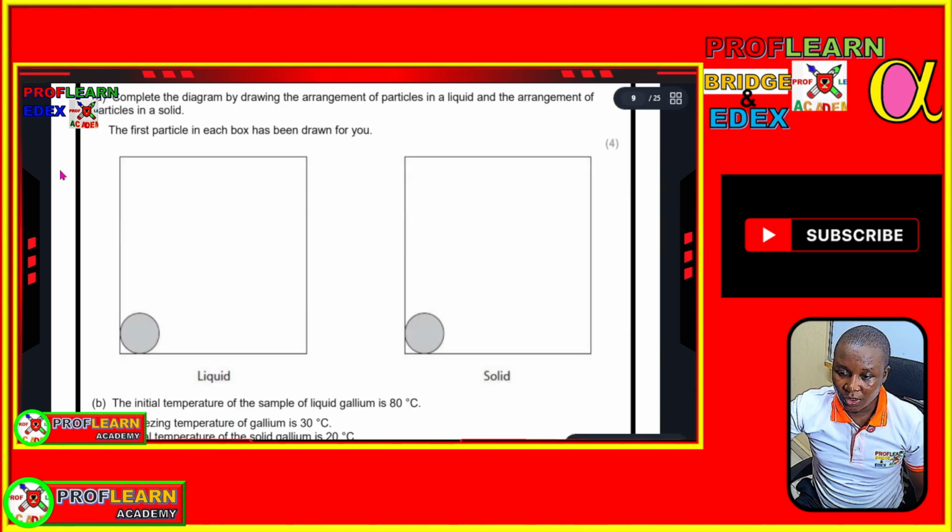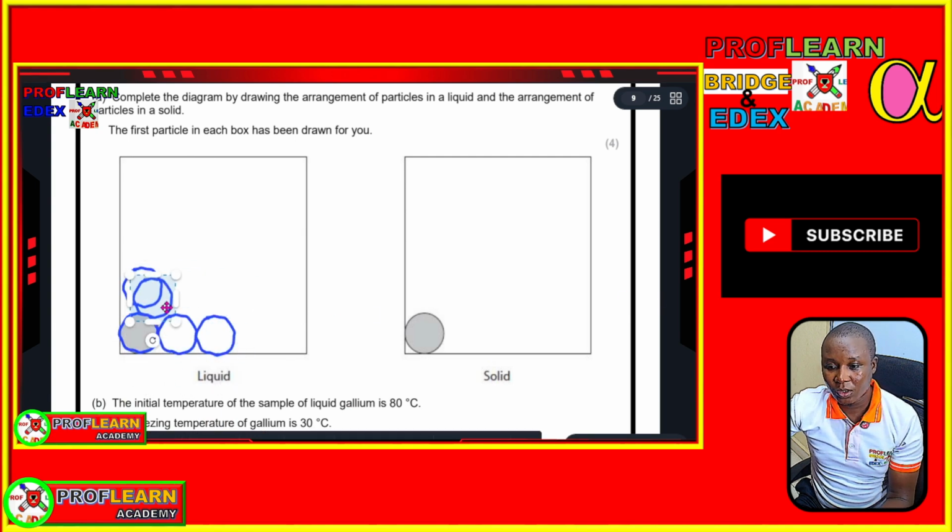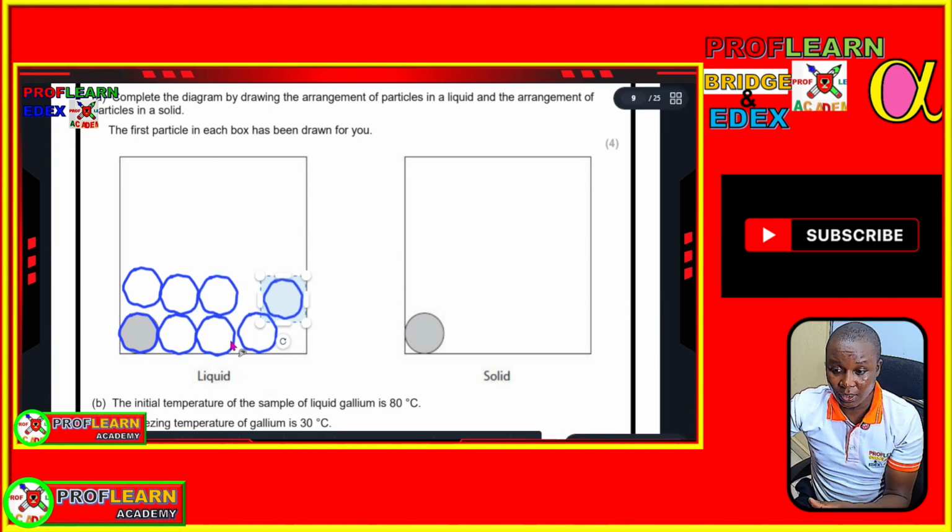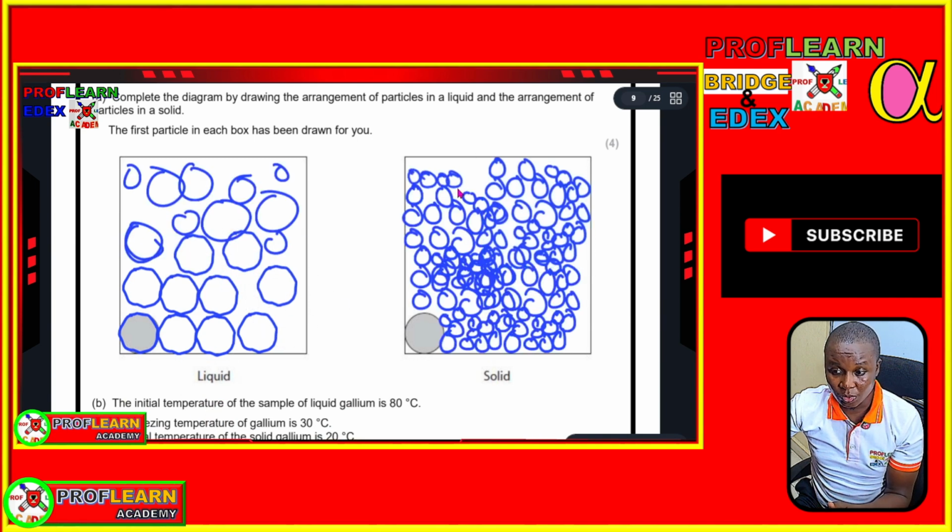So that's why you can see here we are supposed to identify different arrangements for liquids and solids. You need to realize for liquids, the particles are a bit spaced, and they slide over each other. They have larger intermolecular spaces compared to solids.